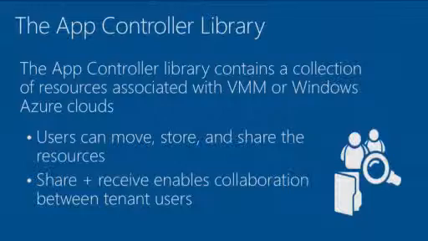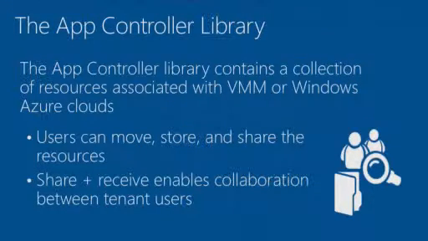So App Controller has the concept of a library. We can add a folder, which enables some deployment capabilities. It also allows us to provide self-service libraries that are perhaps read-only, for example, for some of our more stringently locked down self-service users. I can also provide writable libraries so people can collaborate.